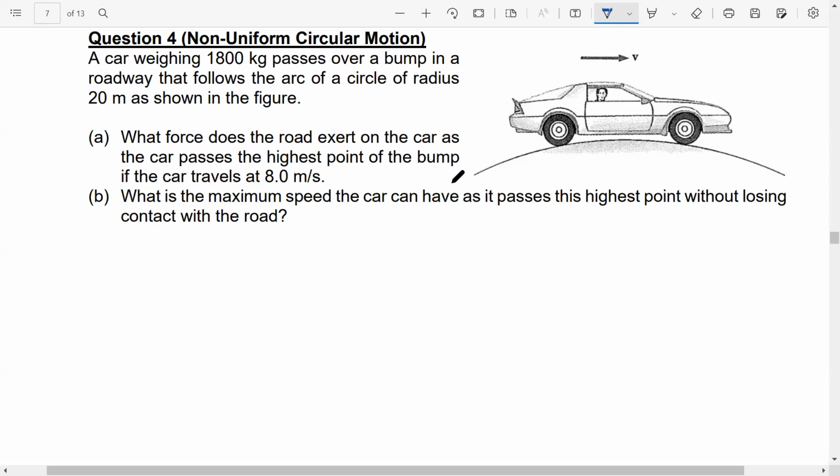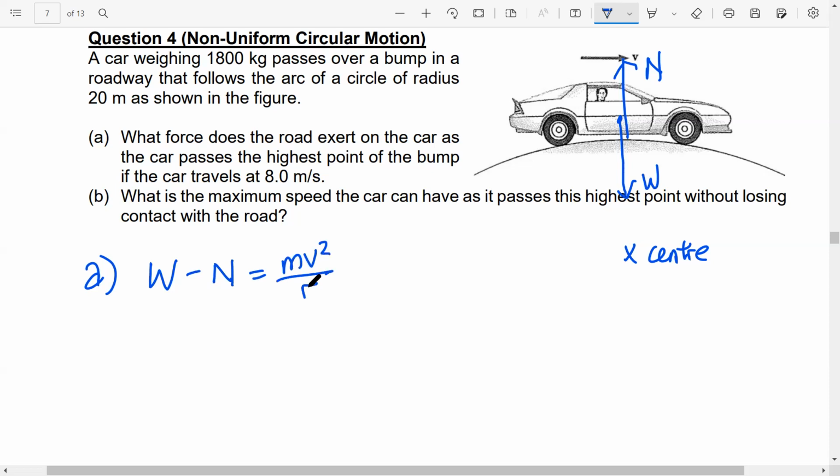Okay, same thing when you approach the question, draw your free body diagram, and determine where the center of the circle is and hence the direction of the centripetal force. The free body diagram of the car is just a normal contact force and the weight.